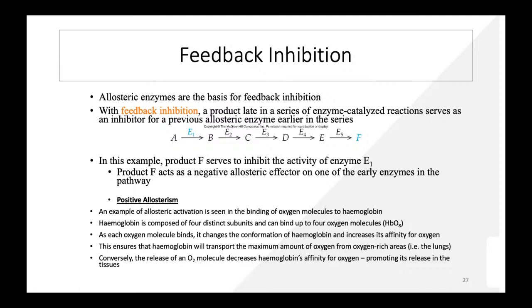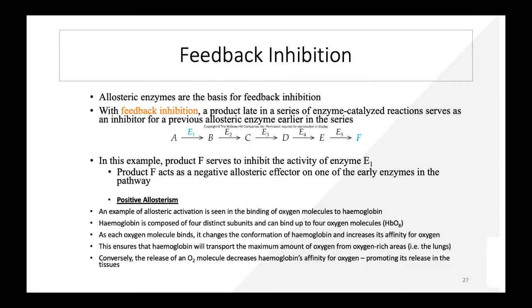negative feedback inhibition, and there is a positive allosterism also, in which we see allosteric activation in the binding of oxygen molecules to hemoglobin. Hemoglobin is composed of 4 subunits binding to oxygen molecules, making HbO8.